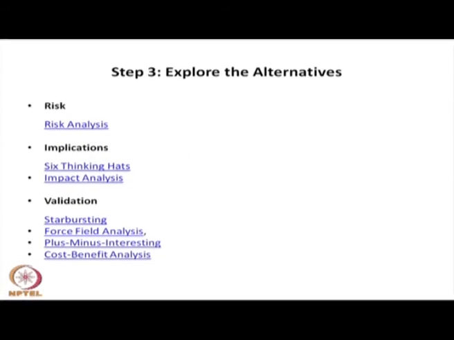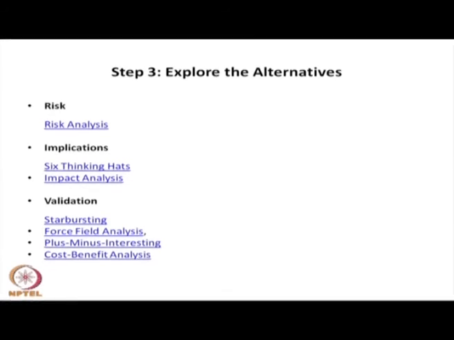And if you're talking of risk to be taken, then it's risk analysis, and the implication is done by thinking hats, six thinking hats, and we have to talk of impact analysis. So how to validate it is, when we go for force field analysis, plus minus interesting areas in the whole thing of what has been presented, and cost benefit analysis.